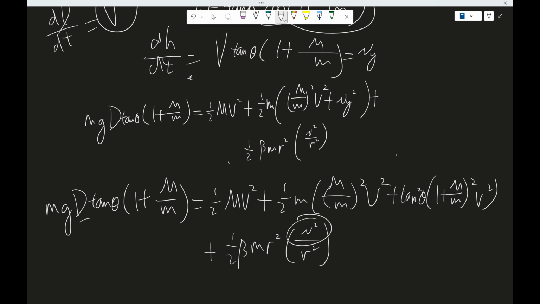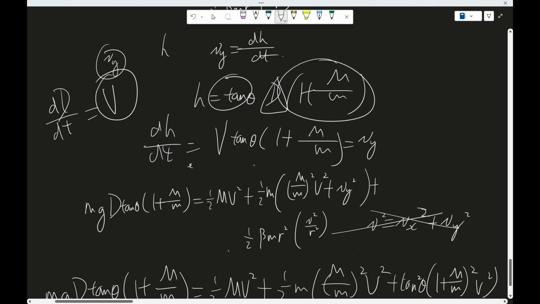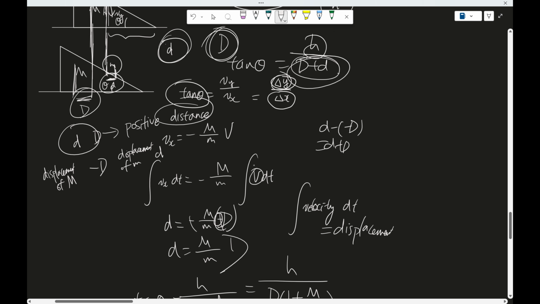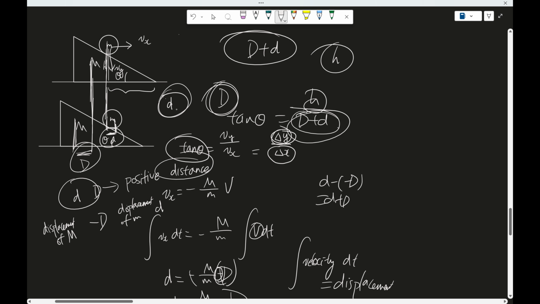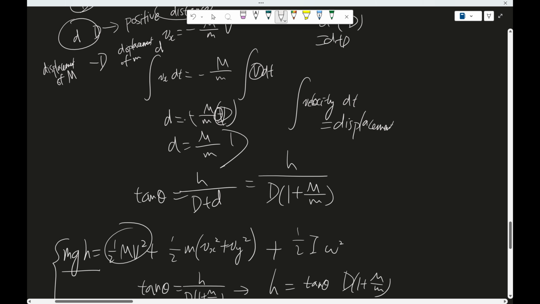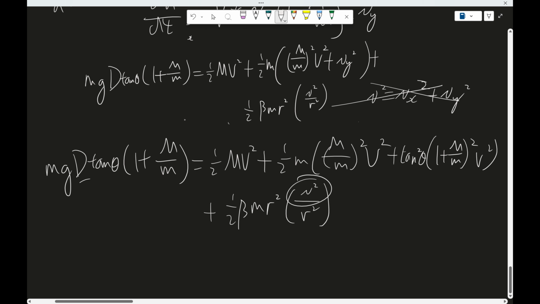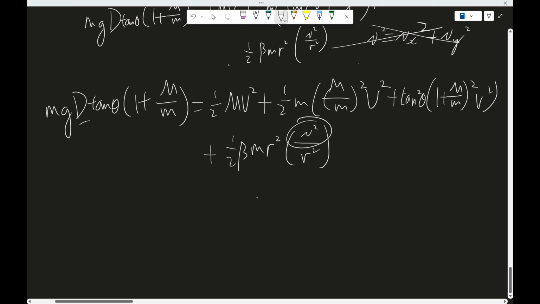So this v, we might be tempted to just write v squared is vx squared plus vy squared and plug in as is, but this is wrong, because this v should be the relative velocity rather than just the velocity of the ball on its own. And so then what can we do? Just remember that here in the system, both the slope and the ball are moving, right? So that v is really not the v of the ball of mass itself when we are calculating the rotation of this sphere.